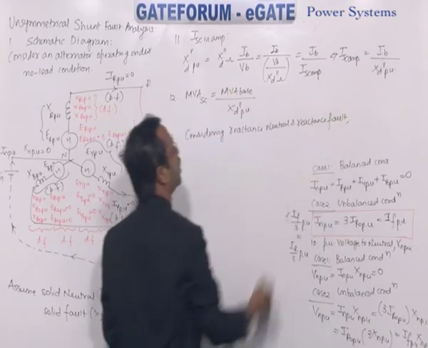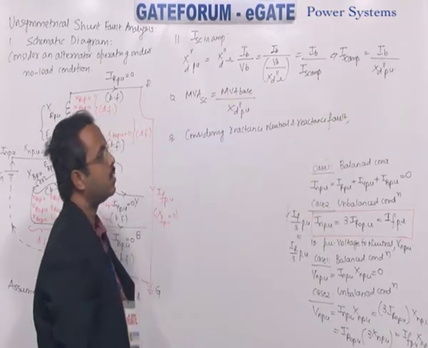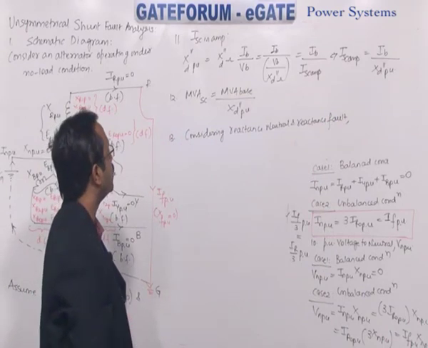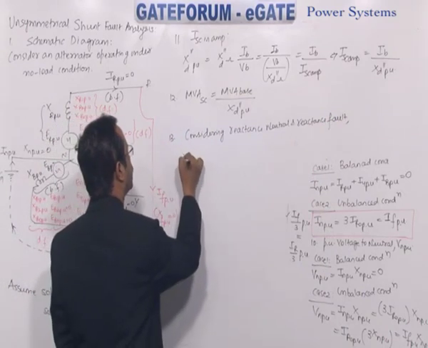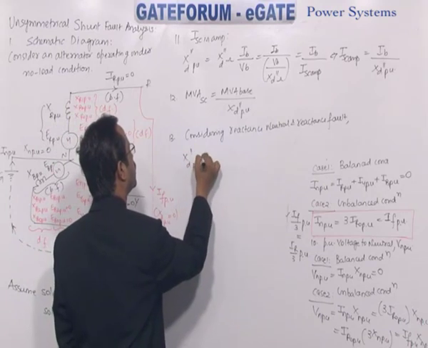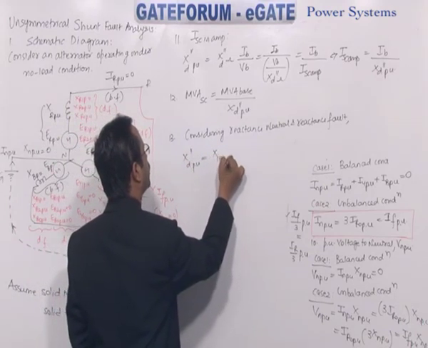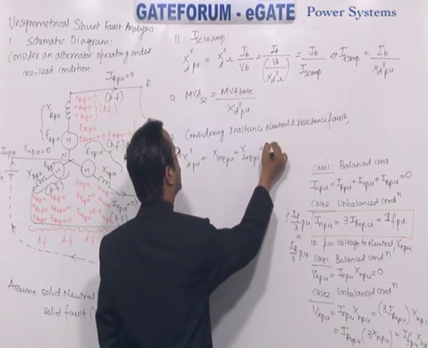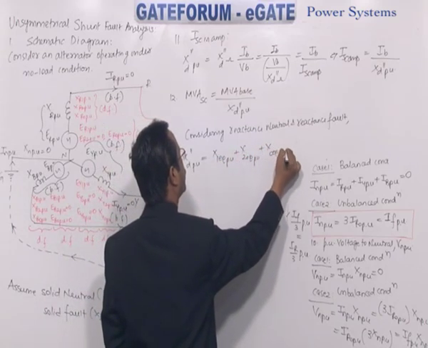How to analyze further? XD double dash per unit, we write X1 equivalent plus X2 equivalent plus X0 equivalent.